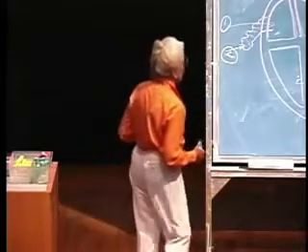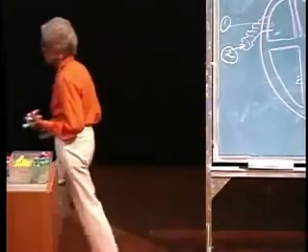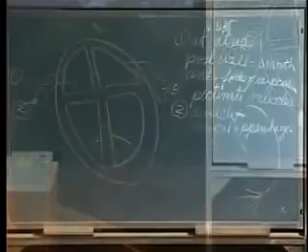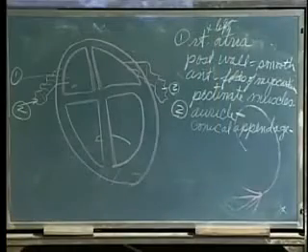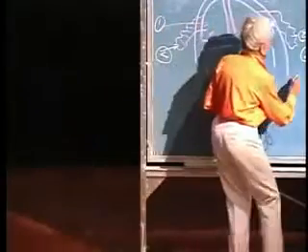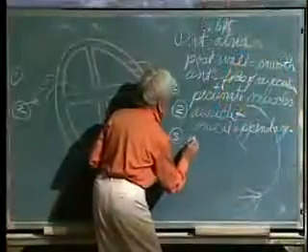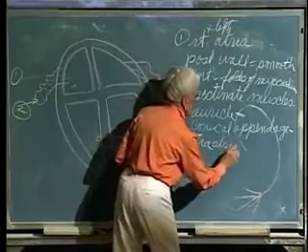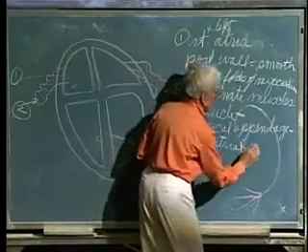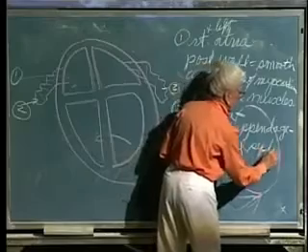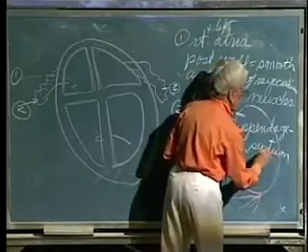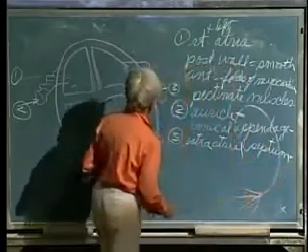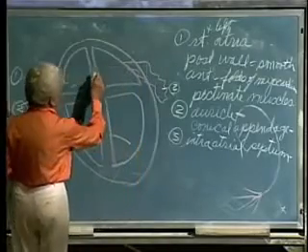All right, let's see which ones we want to take next. What are we going to do for 3? We're going to take the intraatrial septum. So that tells us this is going to be 3.